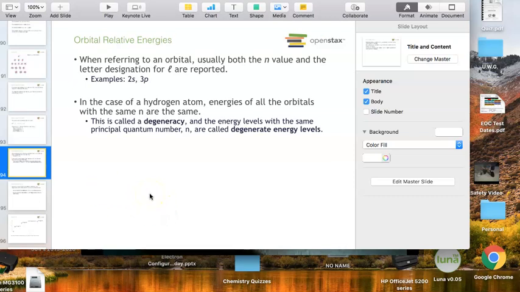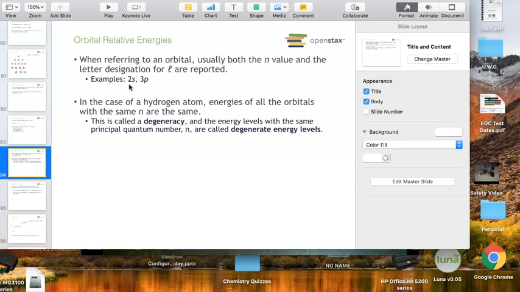In the case of a hydrogen atom, energies of all the orbitals with the same n are the same. This is called degeneracy, and the energy levels with the same principal quantum number n are called degenerate energy levels. For example, if I have both electrons in the 2s subshell, both those electrons have the same energy.